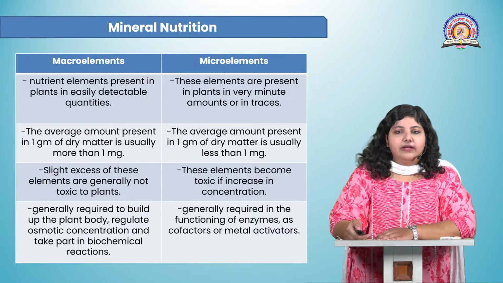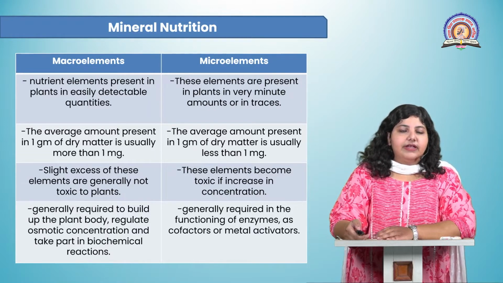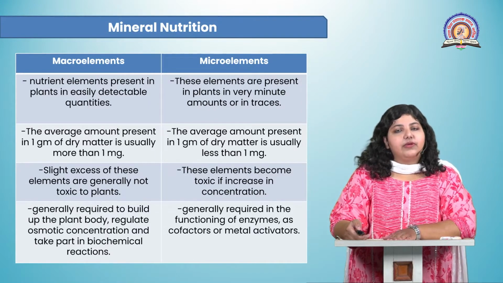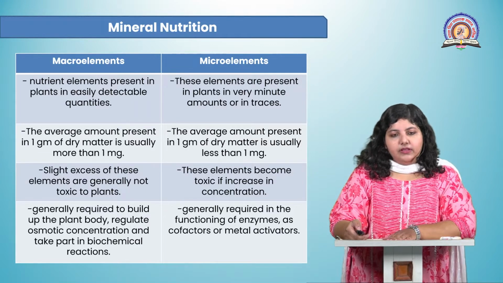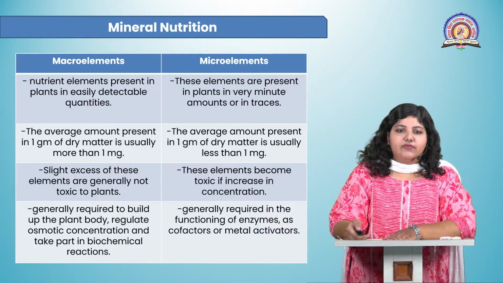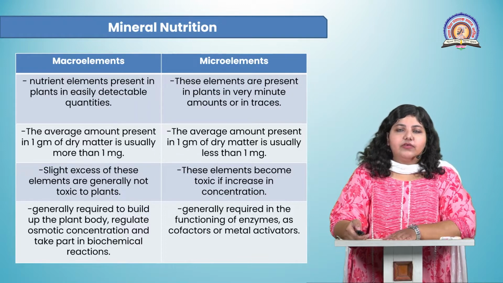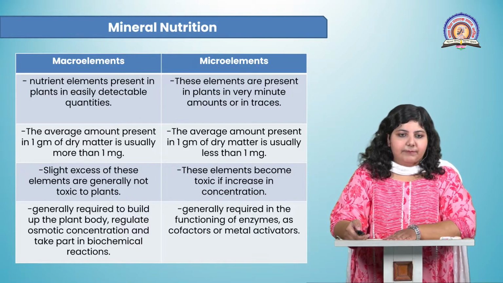On the other hand, microelements are present in very minute amounts, or trace amounts, lesser in comparison to macroelements. The average amount of macroelement present in 1 gram of dry matter is usually more than 1 milligram. And on the contrary, microelements in 1 gram of dry matter are usually lesser than 1 milligram.